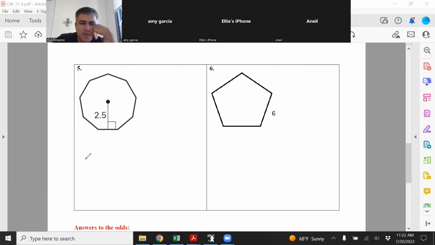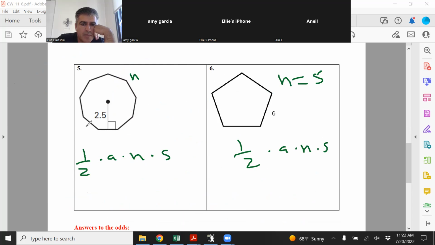And then lastly, you have 1/2 times a times n times sides. Clearly n is 9 here. 9 sides.